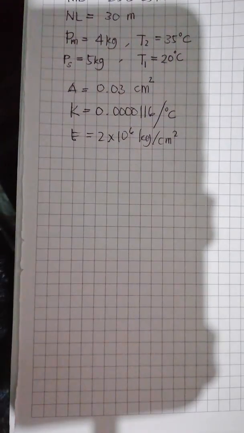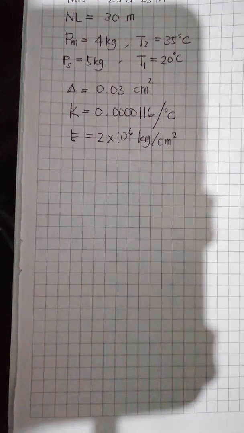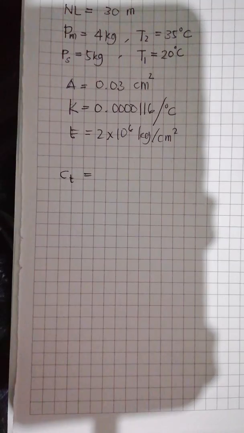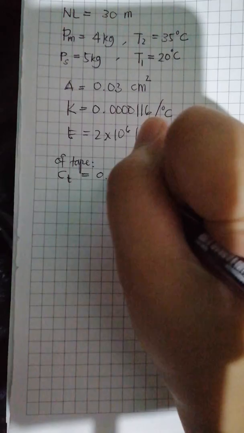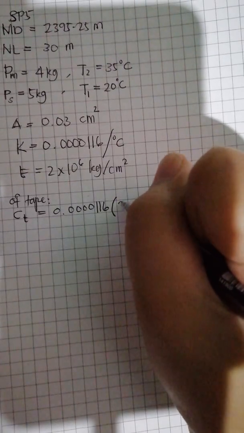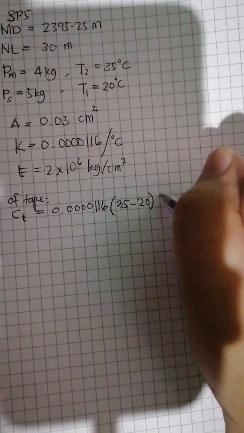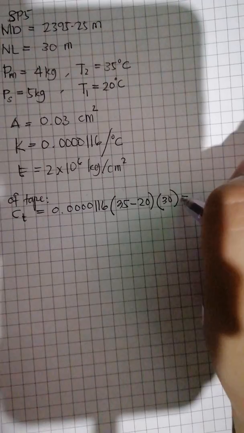So, question is, determine the error of the tape due to change in temperature. So, due to change in temperature, the error of the tape lang ha. So, since tape lang, yung K, 0.0000116, T2 minus T1 is 35 minus 20, 15. Then, length of tape is 30.